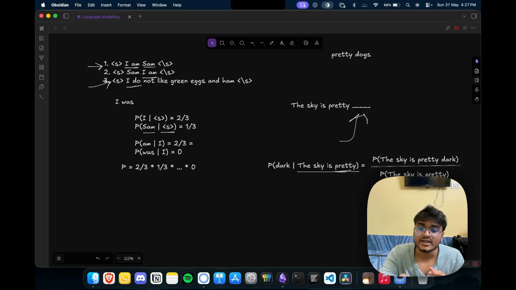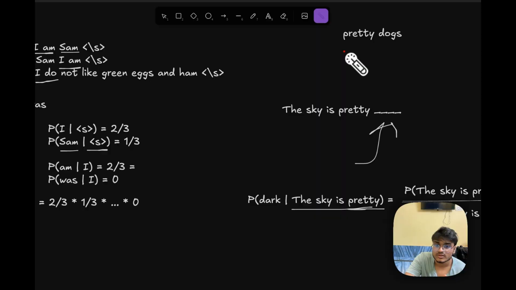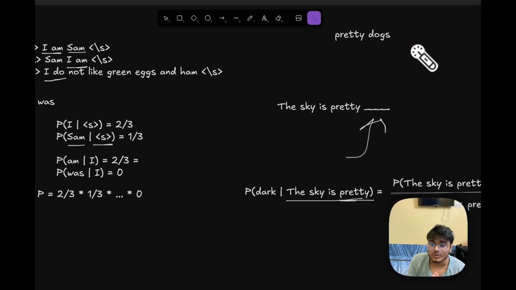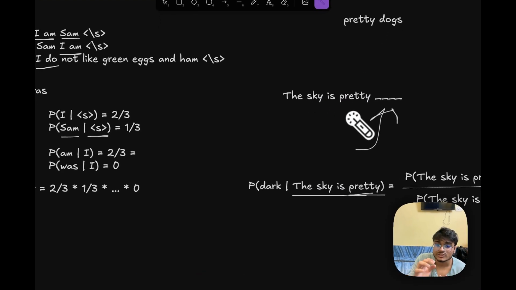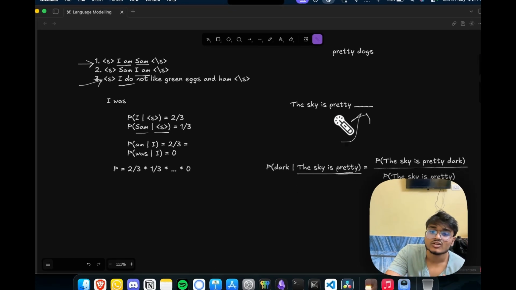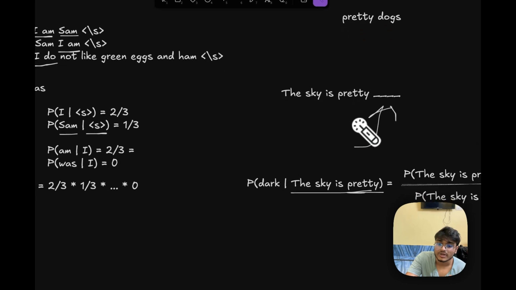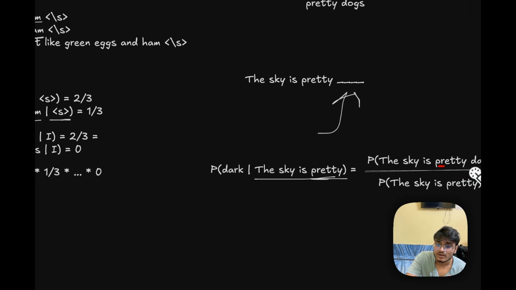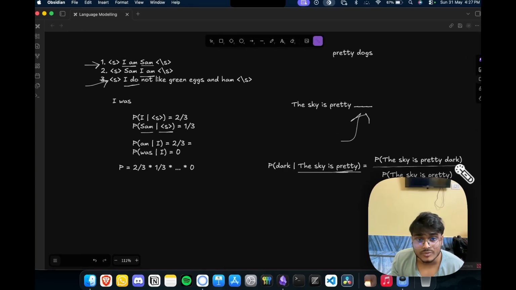Why I am calculating all these things, you have to understand this, pretty important. Let's say in our data set there is a sentence called "pretty dogs." I also wrote it here, pretty dogs. If you are calculating a bigram, you might get similar probability for pretty dogs and pretty dark. These might be the same probability.